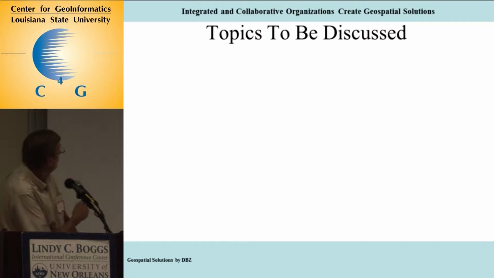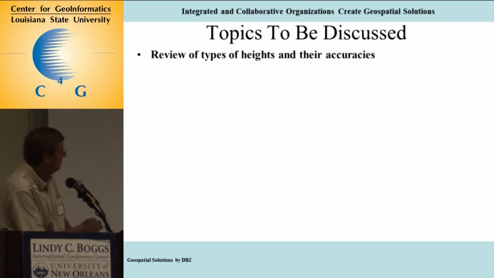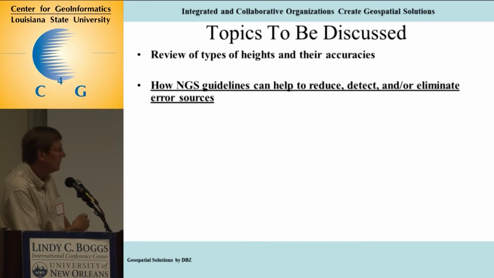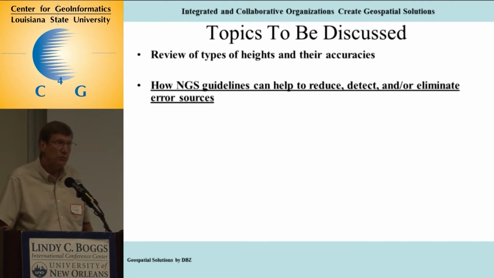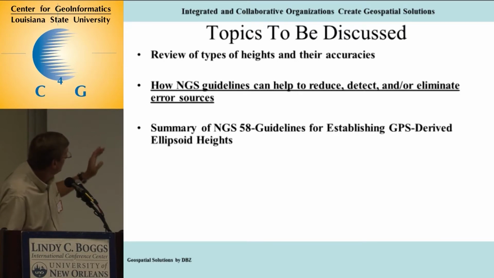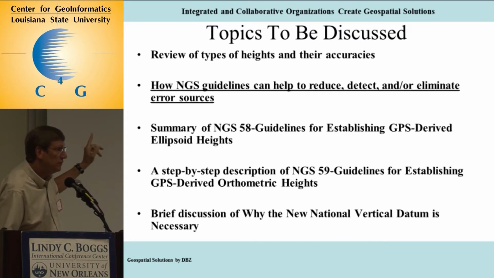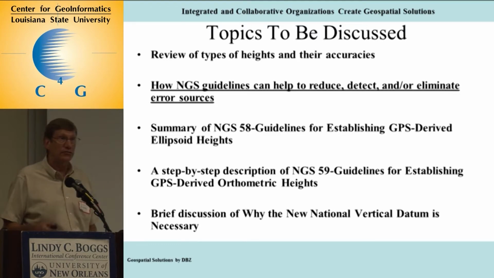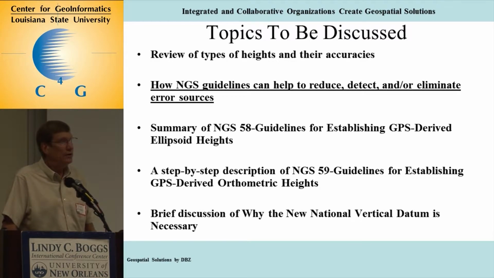All right, so we reviewed these types of heights and their accuracy, and now we're going to talk about guidelines for detecting and reducing and eliminating these error sources. Remember, it's very, very important that the guidelines reduce, detect, and eliminate. I just got through telling you a little story about a person doing something out there and then it didn't seem to work and didn't check.